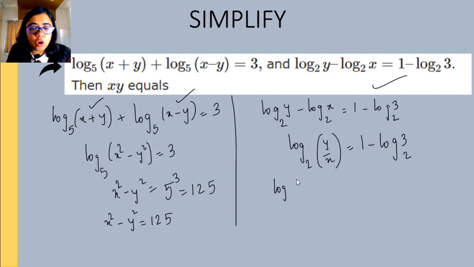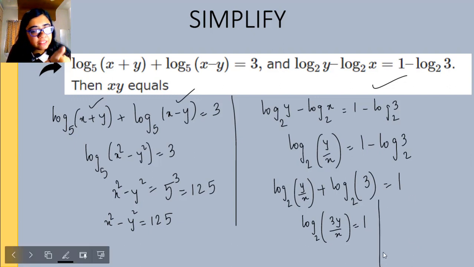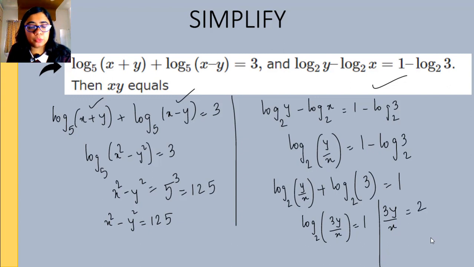So this will become log y by x to the base 2 plus log 3 to the base 2 is equal to 1. Log a plus log b is log ab. So you will get log of 3y upon x to the base 2 is equal to 1. After this, if you take anti-log, you will get 3y upon x is equal to 2. So you get 3y is equal to 2x. You have this relation.